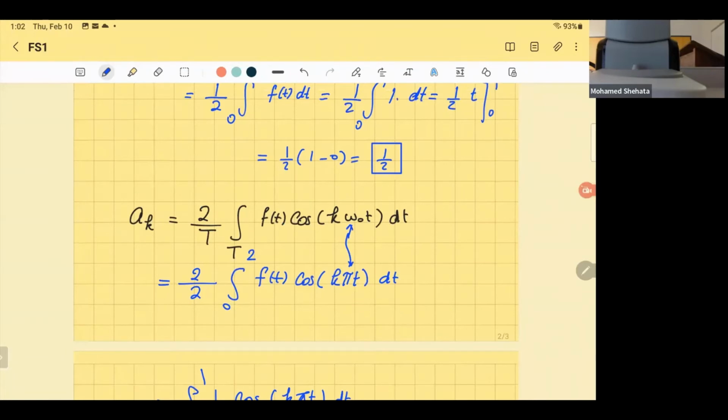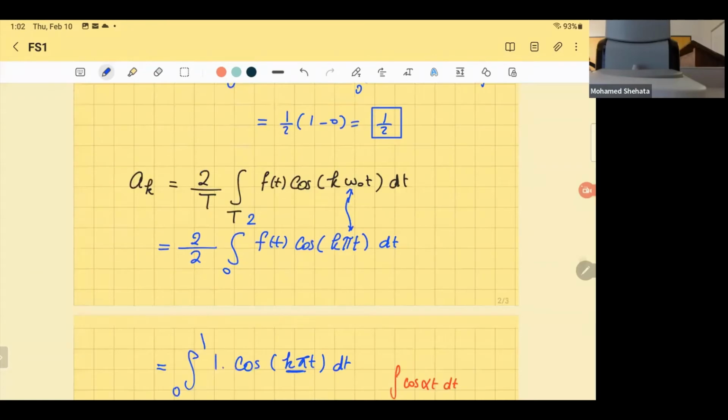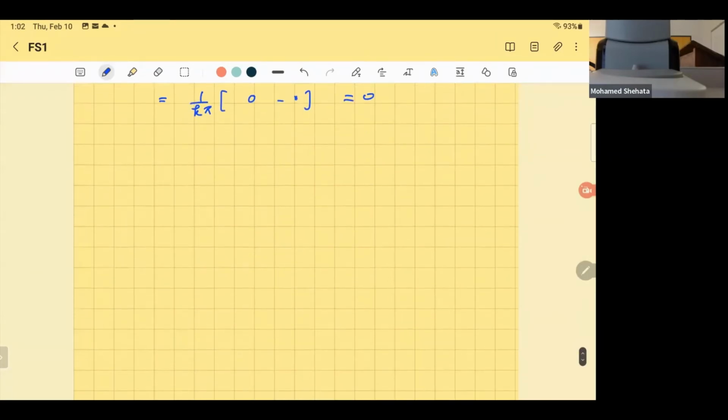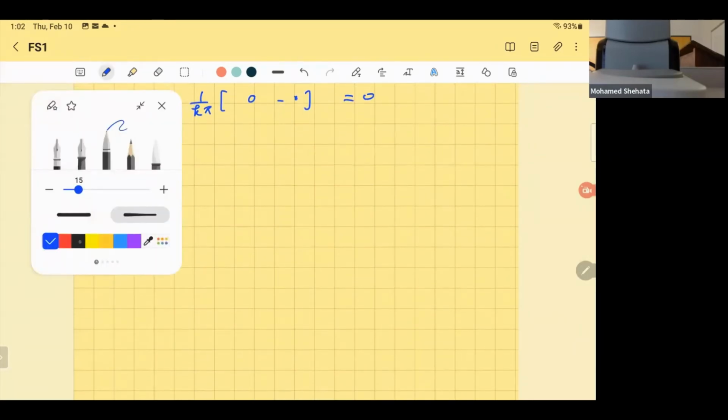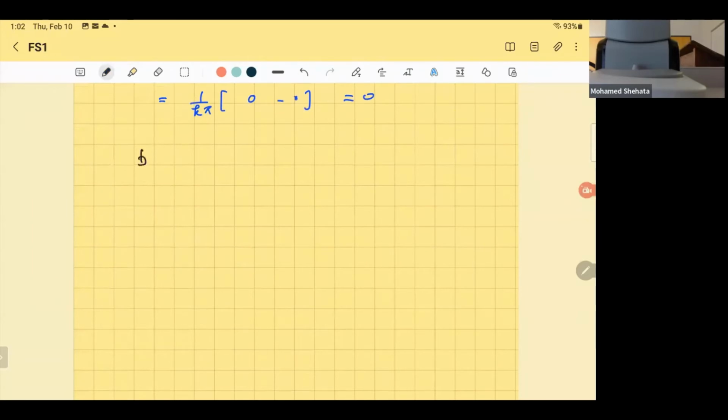But just remember what we did. I'm going to do now bk, and it is very similar to ak. The only difference when you get bk is that you replace cosine by sine. That's all. So let's do it. bk will be equal to 2 over T, integration over the period T, of the function multiplied by sine k omega naught t dt.